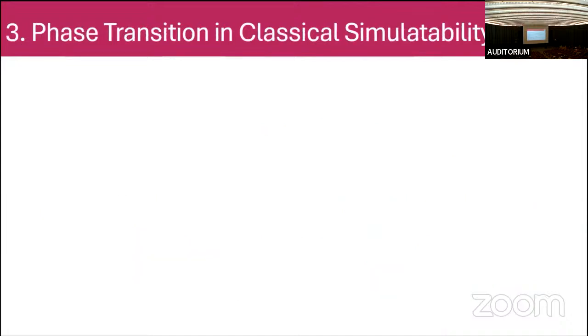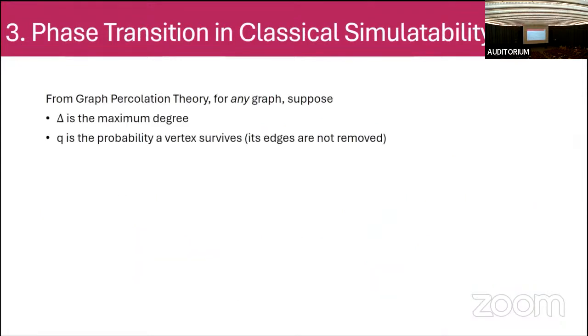So when does this happen? From graph percolation theory, we know that for any graph, if delta is the maximum degree, and q is the probability that a vertex survives, so that you're not removing its edges, when q times delta is less than 1, percolation happens. So your connected components become smaller than log n with high probability.